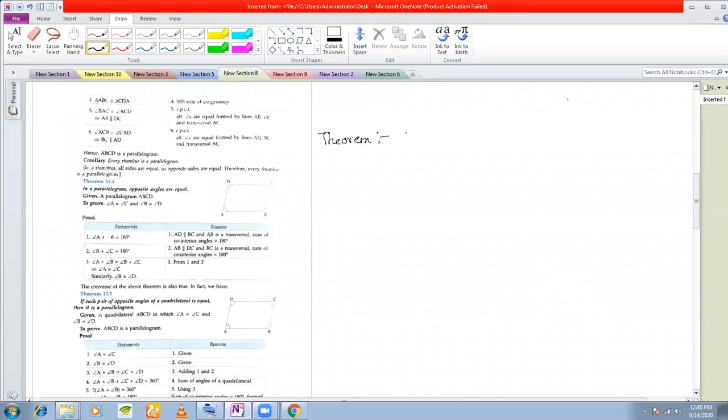So, theorem. The theorem here is: in a parallelogram, opposite angles are equal. Okay. So given here is ABCD is a parallelogram.